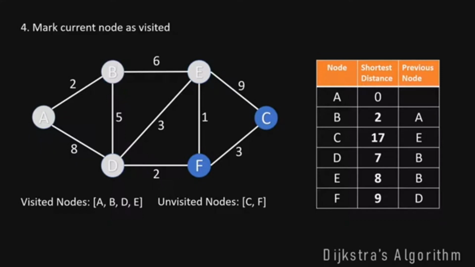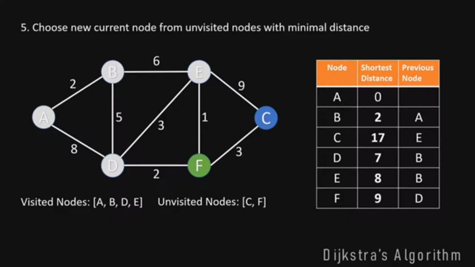Let's start with the node C. We now have a distance of 17 from A to C over the node E, and this is certainly less than infinity, so we can update our distance to C in our table.